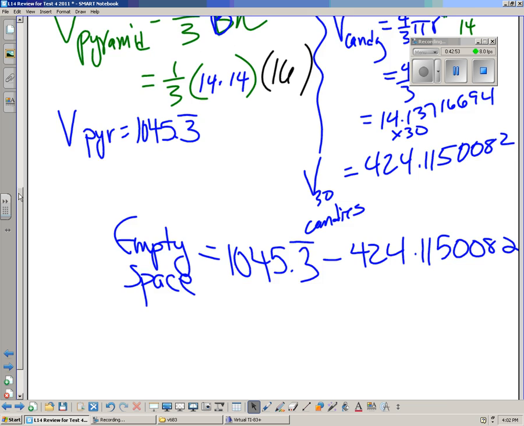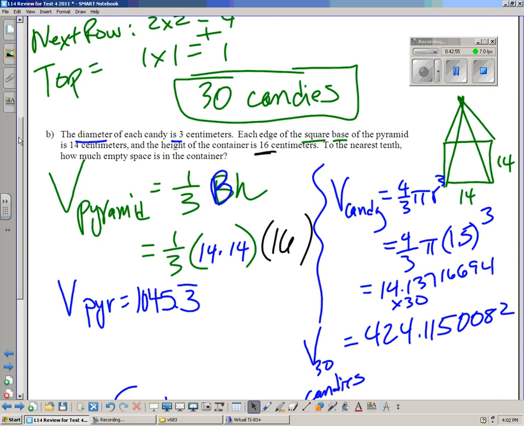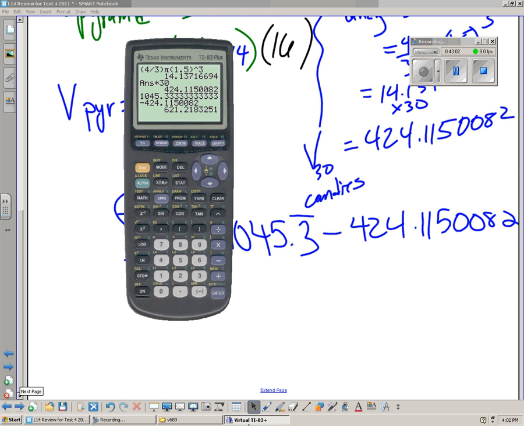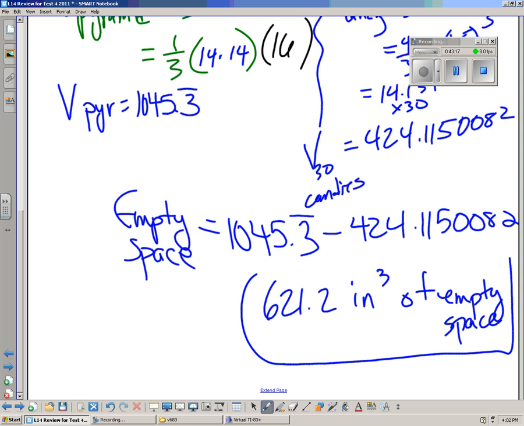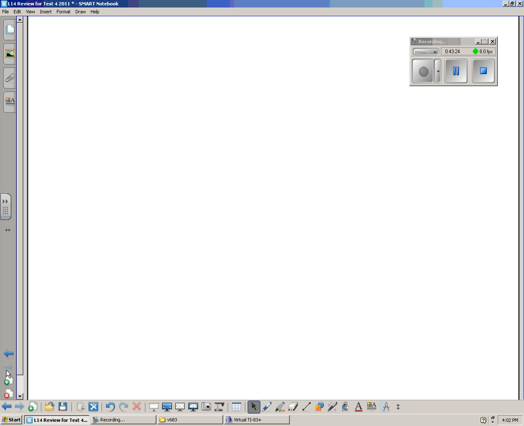They're asking us to round to the nearest tenth, so we round correctly to 621.2 cubic inches of empty space. And that's it.